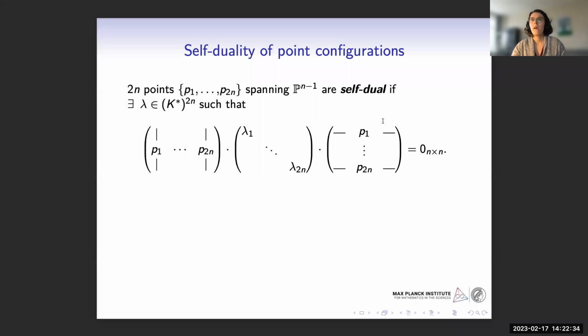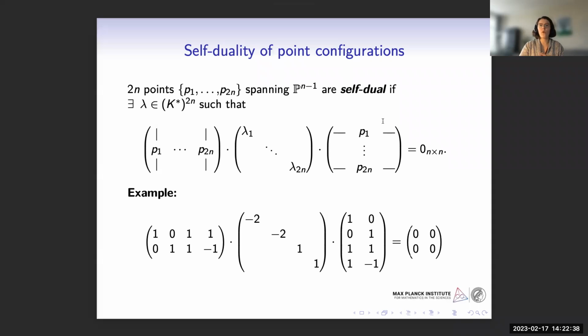Okay, so let's look at an example. I've picked 4 points in P^1, and I can find, for this example that I picked, 4 non-zero lambdas, lambda 1 to lambda 4, such that if I write them as the diagonal matrix in the middle, this matrix product will indeed give 0. Now you can ask yourself, well, maybe this was just a lucky guess.